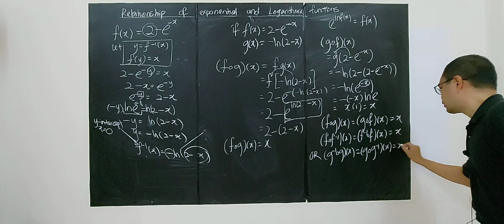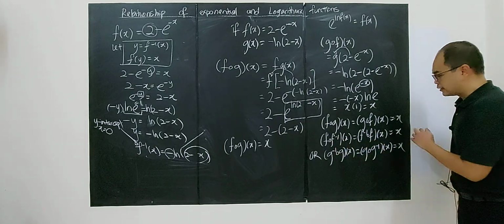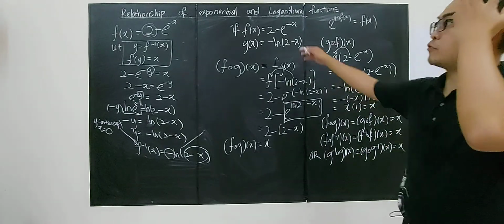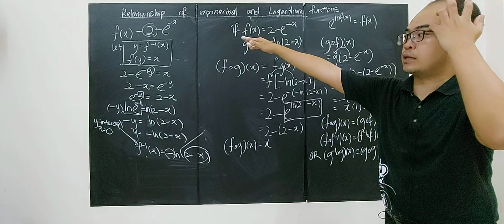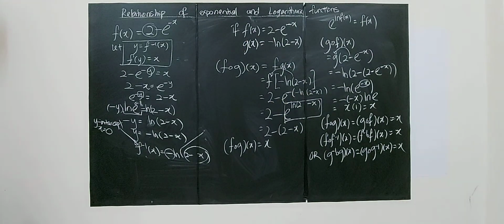They are equivalent. Once they are inverse to each other, you get x here. So this is the relationship of the exponential function and the logarithmic function: they are inverse to each other. Alright, I think that's all for this concept.